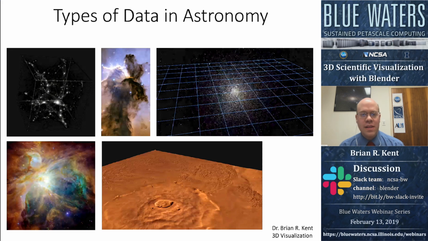So we're not limited to just one specific kind of data in astronomy and astrophysics. It depends on what kind of science you're trying to do. You might be looking at a data cube like you see in black there on the left-hand side. This is a cosmological simulation showing the large-scale structure of galaxies in the universe. You might have three-color images, such as those taken with the Hubble Space Telescope.